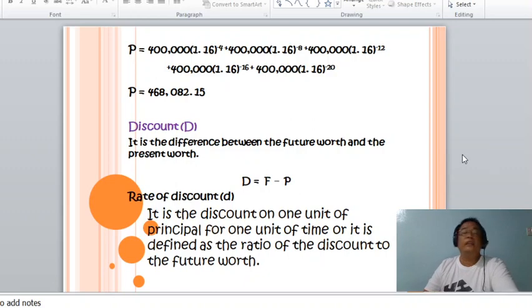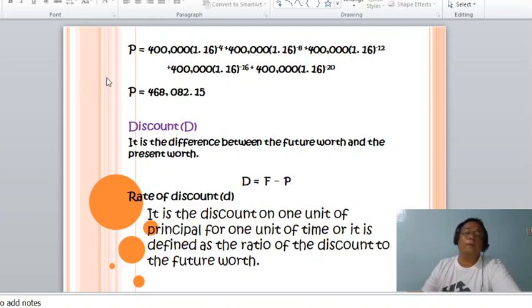So, getting now the value of P, so that is 400,000 at the end of the first 4 years. So, that is 400,000 multiplied by 1 plus 0.16 raised to negative 4. So, why negative? Because the direction is to the left. Plus 400,000 times 1.16 raised to negative 8, plus 400,000 multiplied by 1.16 raised to negative 12, plus 400,000 times 1.16 raised to negative 16, until the 20th year.